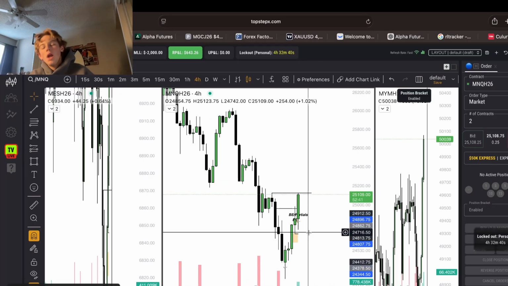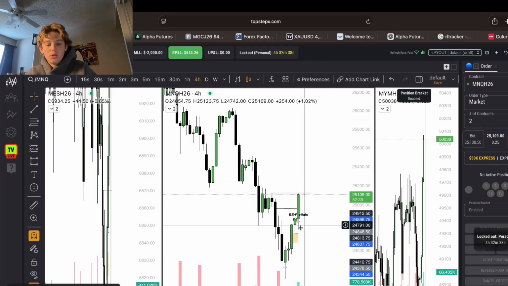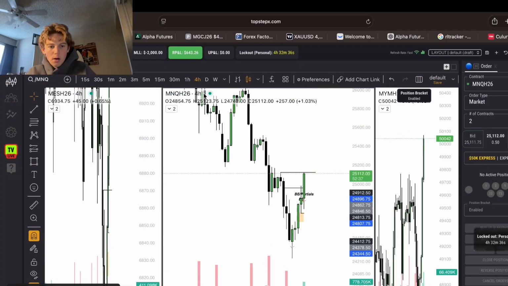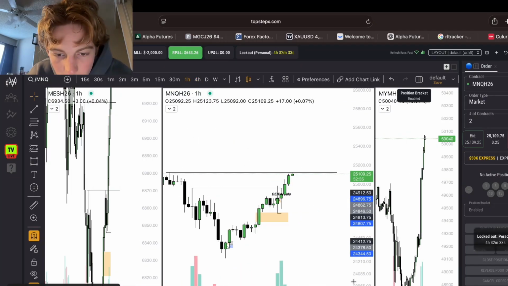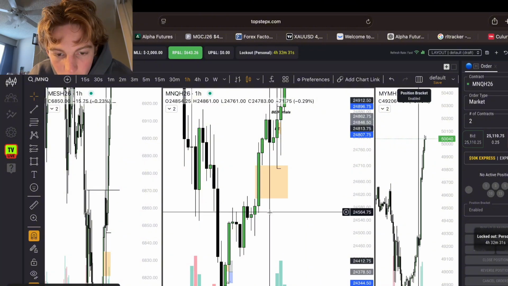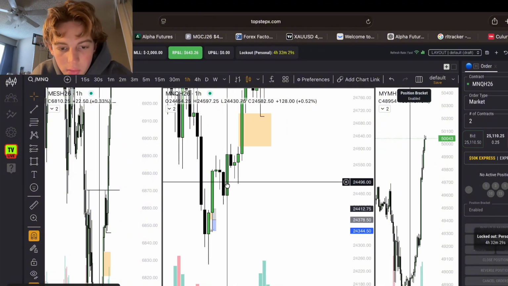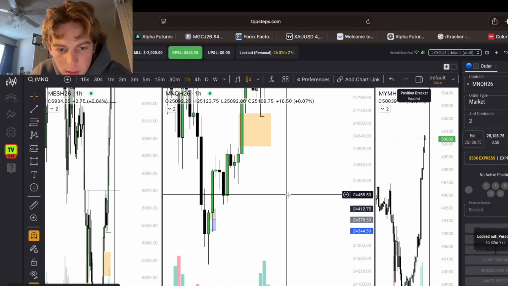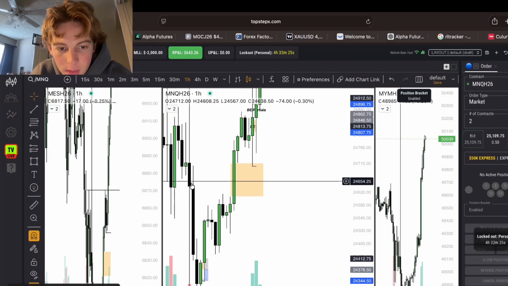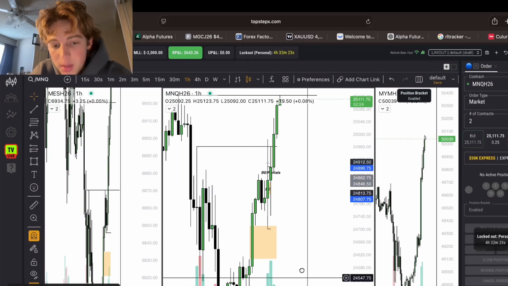So I wanted to just see where we would manipulate to first, because you could see overnight that we were respecting bullish PD arrays. We respected this hourly gap, disrespected this hourly gap, disrespected probably some internal PD arrays.